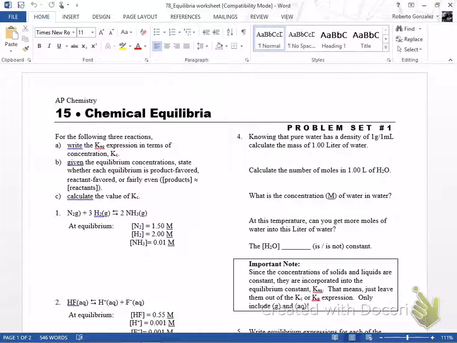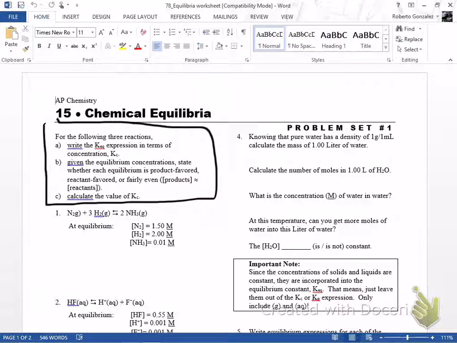So let me point out a couple things on this worksheet. I'm only going to state the semi-obvious. Your instructions are here. For the following 3 reactions, that's the only challenge you need to get through. First is thinking about how you're going to write the expression, as I taught you, the expression, right?